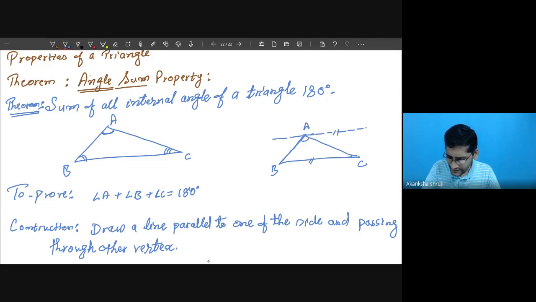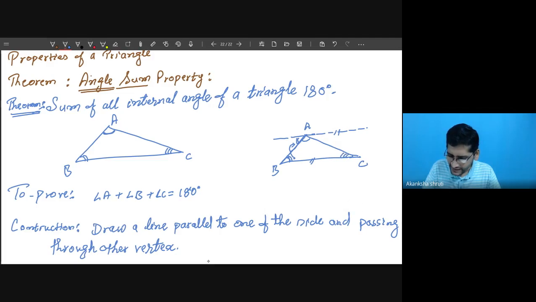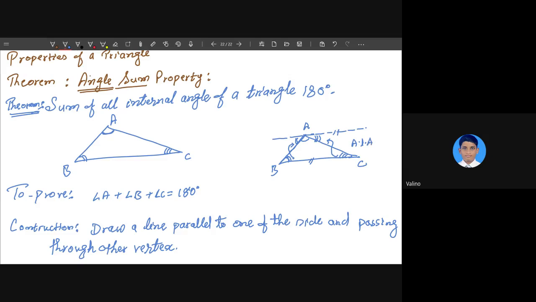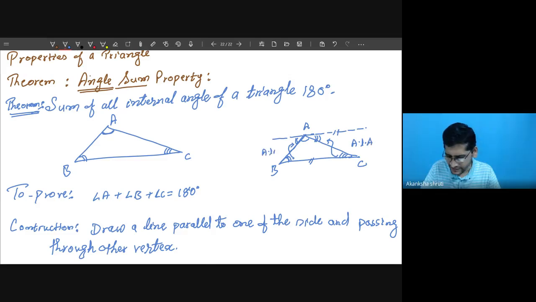This is angle A. So whatever this angle B is, this angle will be the same as this angle. Again, if we consider angle C, this AC is acting as a transversal, so we can write this angle will be the same as this one. Why? It is an alternate interior angle. This is also because of an alternate interior angle. And since we know that the sum of this angle and this angle, these three angles, will be 180 because it is forming a straight line.